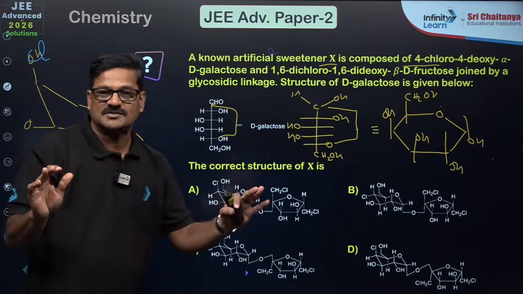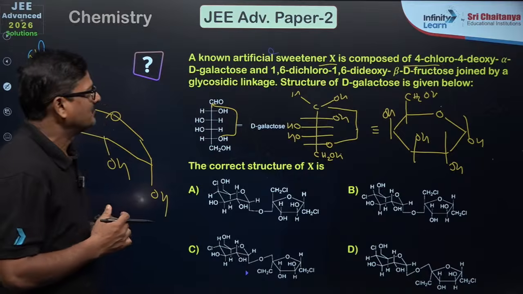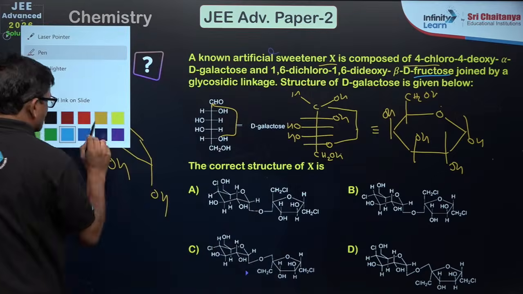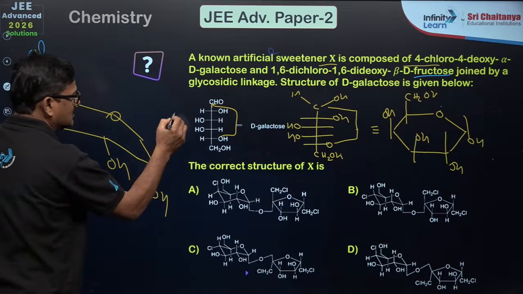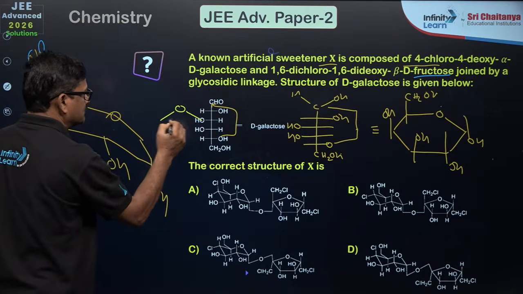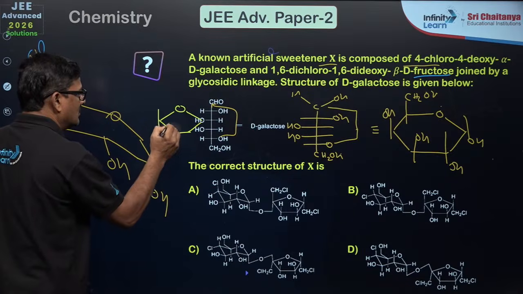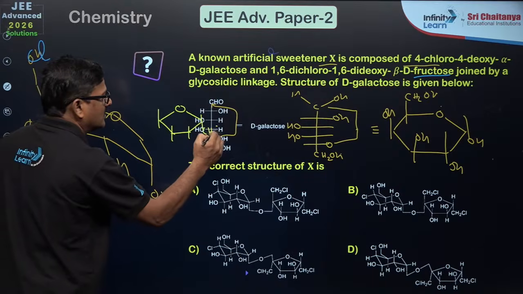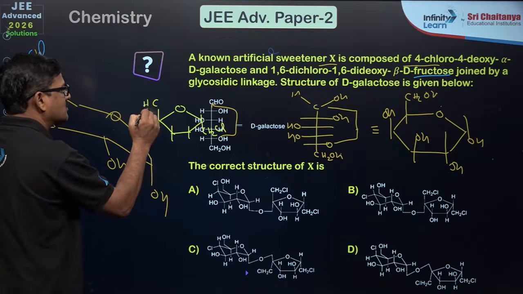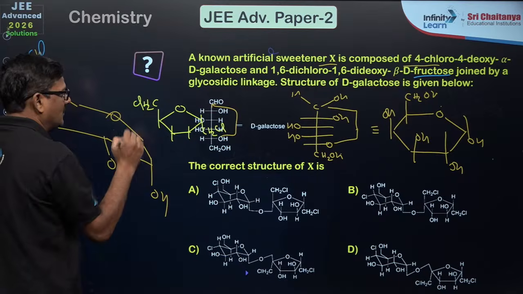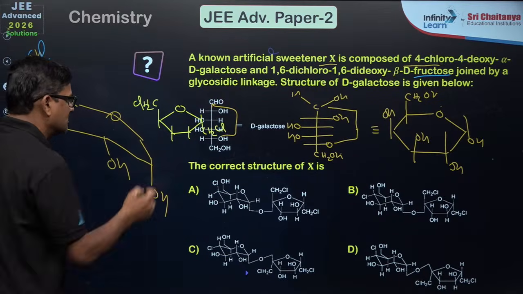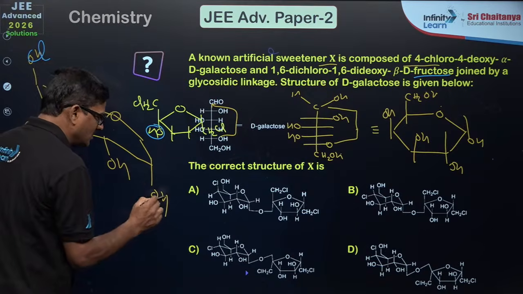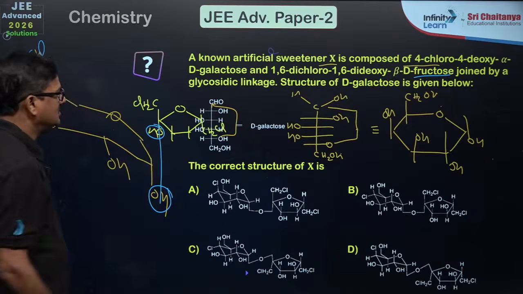Now let us talk about the fructose structure. This fructose structure is going to have the joint like this, and the first carbon is chlorinated, and the sixth carbon is chlorinated, and you are going to have a structure with OH and make a join from here and from here, that is deoxy.